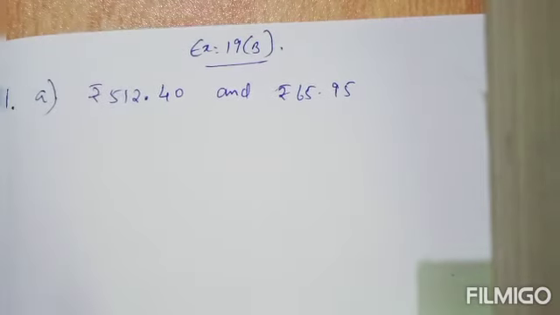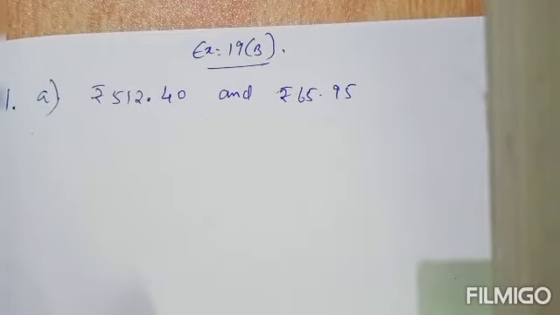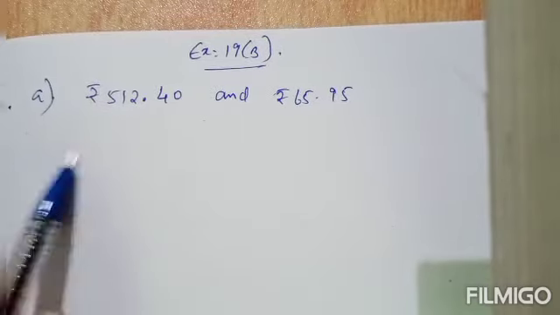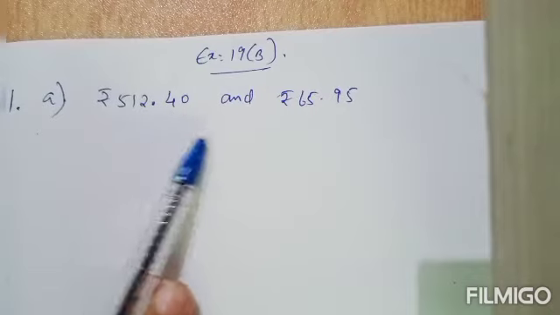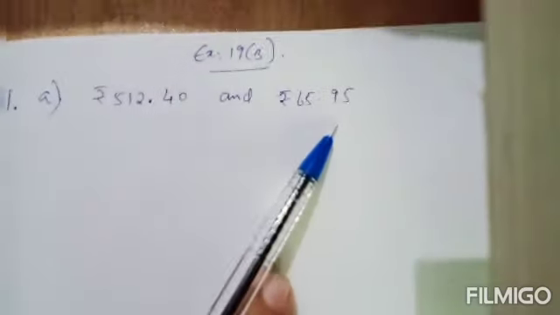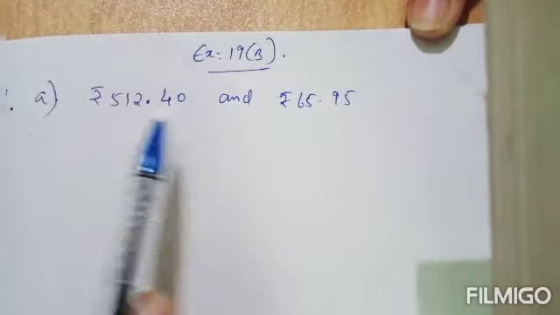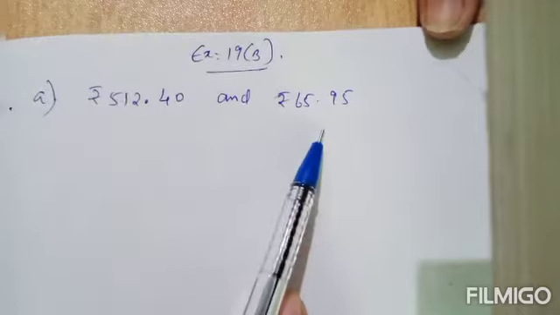Now next topic, addition and subtraction of money. So exercise 19B, first question, express each of the following amounts in figures. In that A, rupees 512.40 and rupees 65.95. So you have to express this in figures. In order to express these two amounts in figures, first you have to add these.